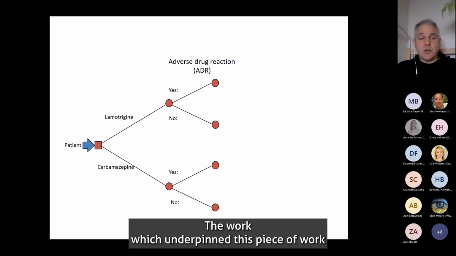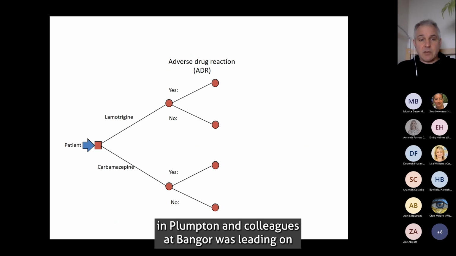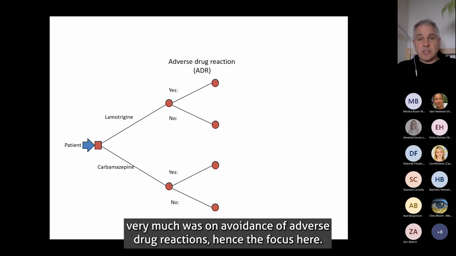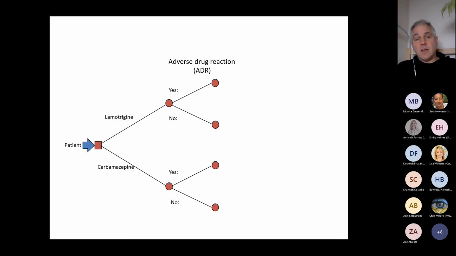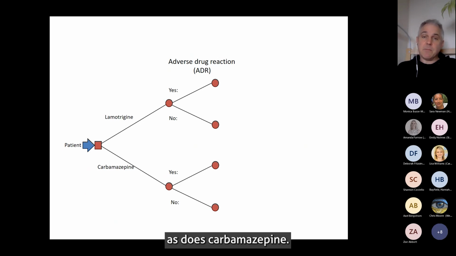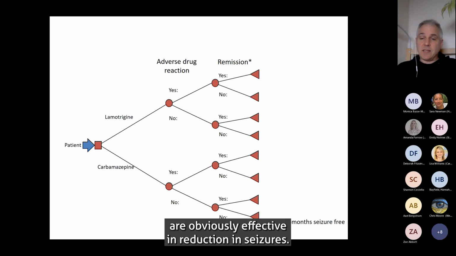The work which underpinned this was led by Catherine Plumpton, my colleague at Bangor. The focus very much was on avoidance of adverse drug reactions, hence the focus here. So lamotrigine carries a probability of risk of adverse drug reaction, as does carbamazepine. But they both are obviously effective in reduction in seizures.